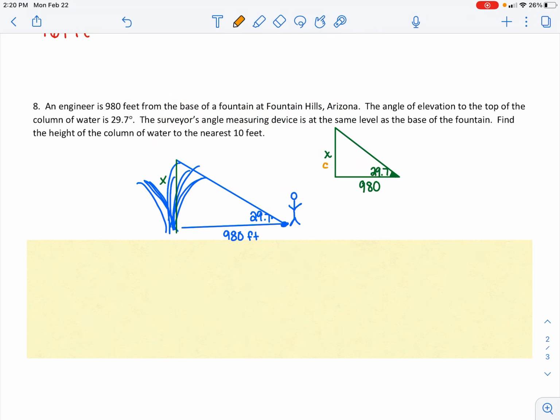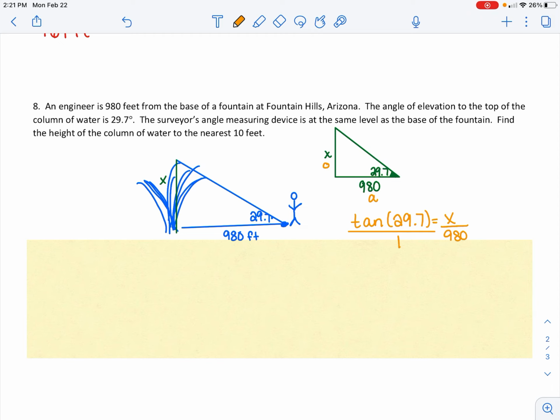So this is going to be my opposite side because it's across from my 29.7, and then my 980 is going to be my adjacent side. So I'm going to say the tangent of my angle. Since I have opposite and adjacent, I'm going to be using tangent, is equal to X over 980.